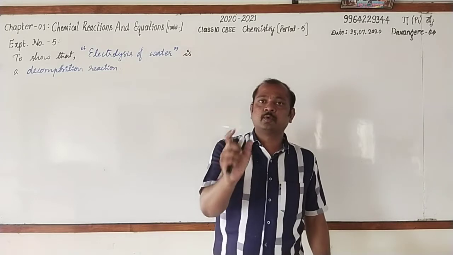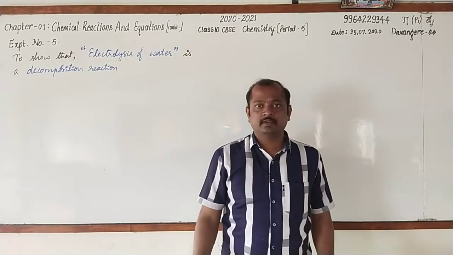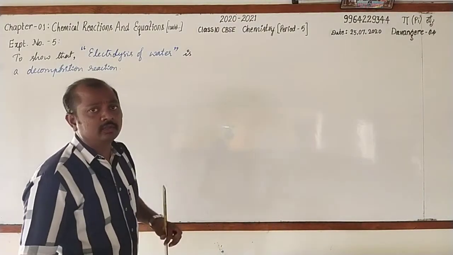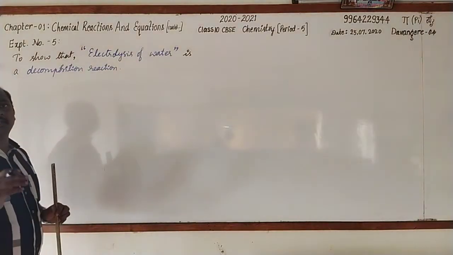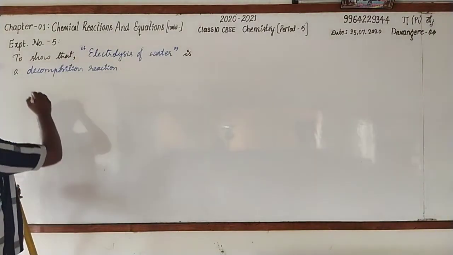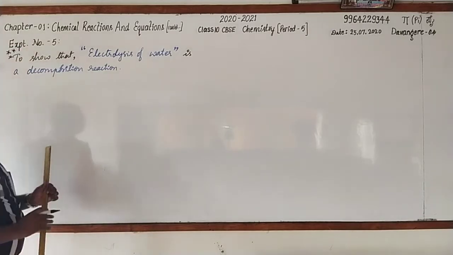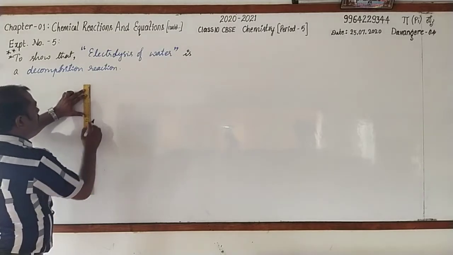Then a 6-volt battery, wire, then an iron stand. Now let me show you how to draw the diagram which represents the arrangement of these materials. And do remember, this experiment is very important from the examination point of view. Just keep observing the way I am going to draw.